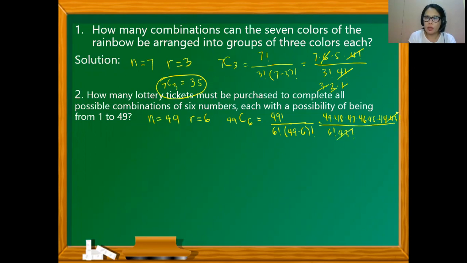So canceling 43 factorial, and 6 factorial is 6 times 5 times 4 times 3 times 2 times 1. So simplifying the expression will come up with 13,983,816 six-number combinations from 49 numbers.